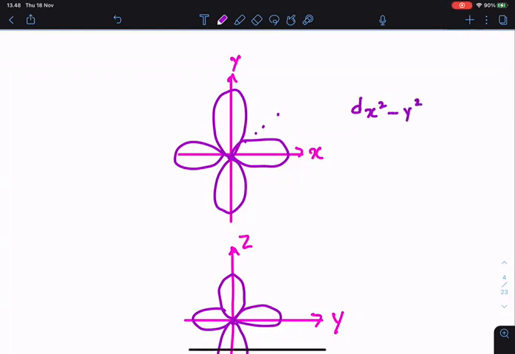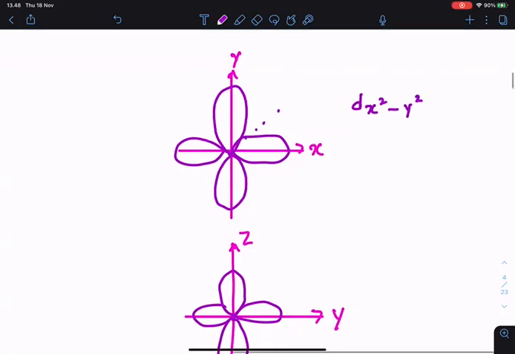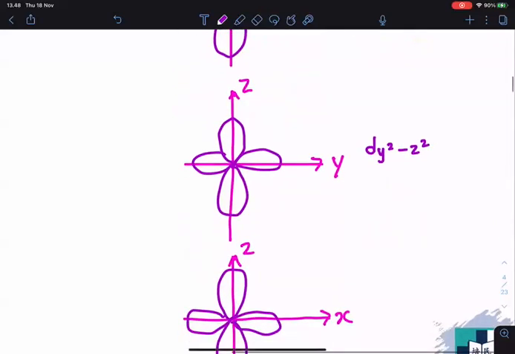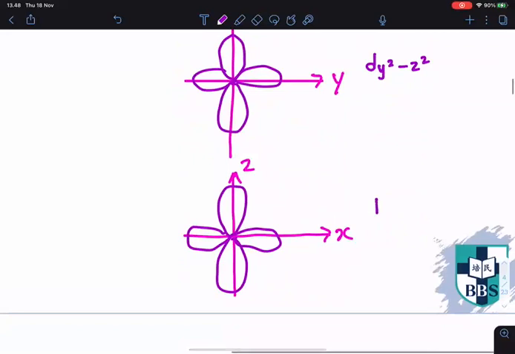We write this whenever they are arranged according to the axis. Using the same method of writing, you have D, Y and Z, so it's supposed to be Y square and then Z square. And here, this is going to be D, X and Z, so you just put X square to Z square.